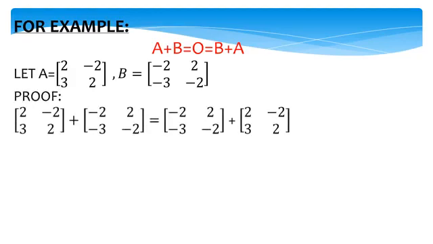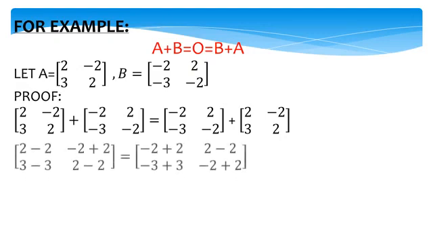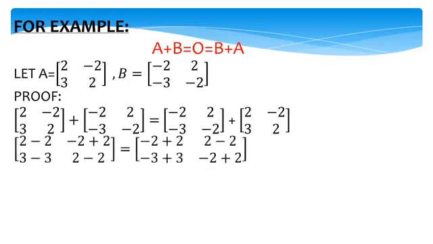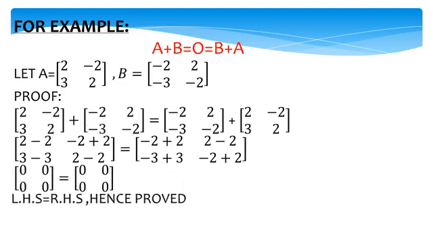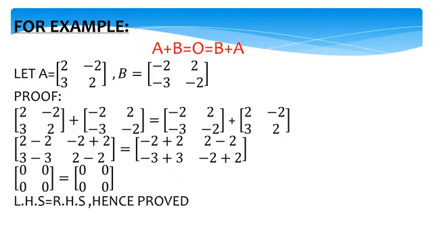Proof: left hand side A plus B. A matrix added with B matrix is equal to B matrix added with A matrix. After adding A with B and B with A, the result is zero matrix. Left hand side is equal to right hand side, hence proved.